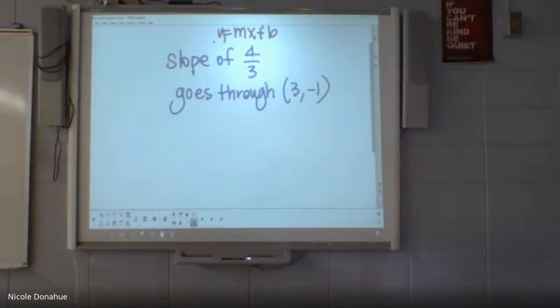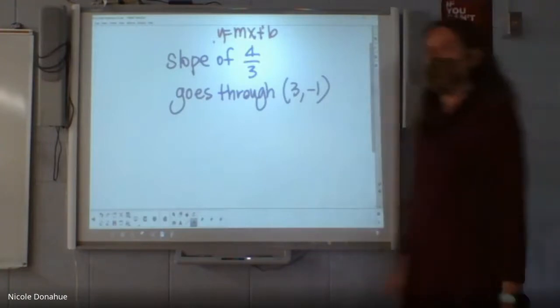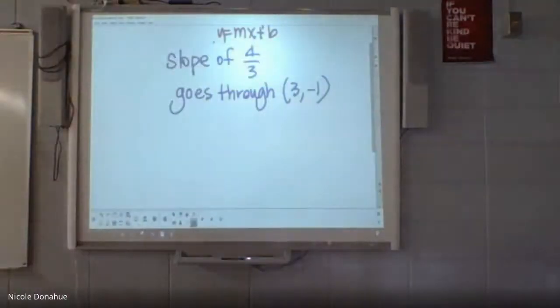The only thing is this cancels, so that'll be 4. Then you can move it over to this side. Let me check. When you multiply those, the 2 and 3's cancel.